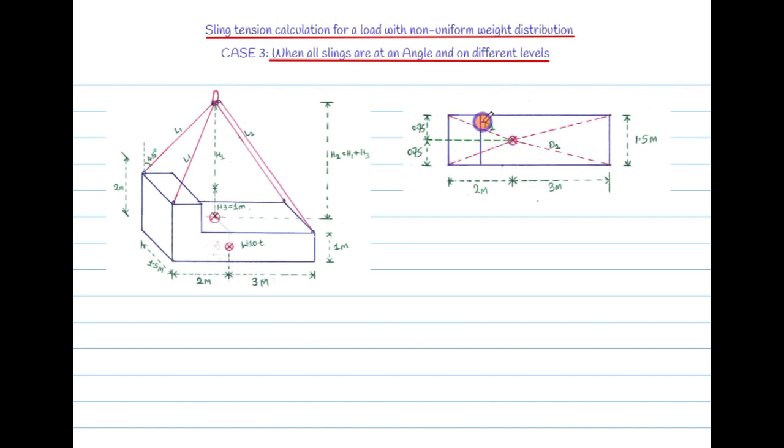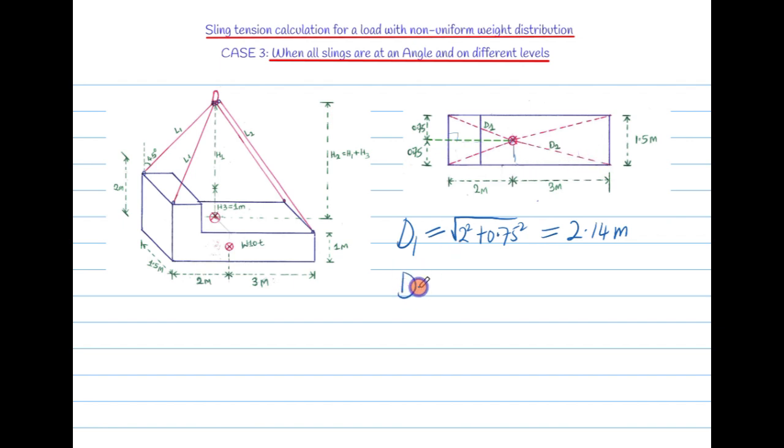We need to calculate D1 using Pythagoras theorem, so we have to use this triangle here to get D1. D1 is equal to the square root of 2 square plus 0.75 square. This will give us 2.14 meter. Then we have to calculate D2 using this triangle.